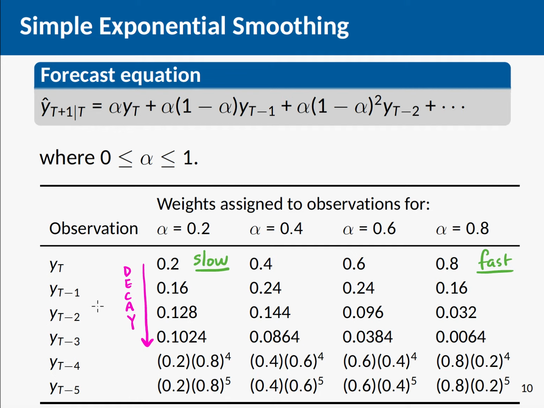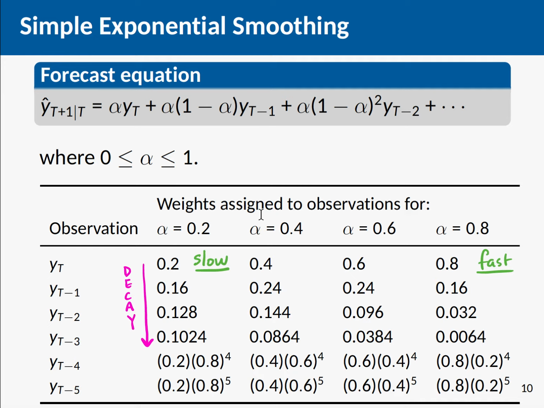So yt minus 1 gets a weight of 0.16, yt minus 2 gets a weight of 0.128, and you're seeing that there's not much difference. We have to really go back further for it to tend to 0.